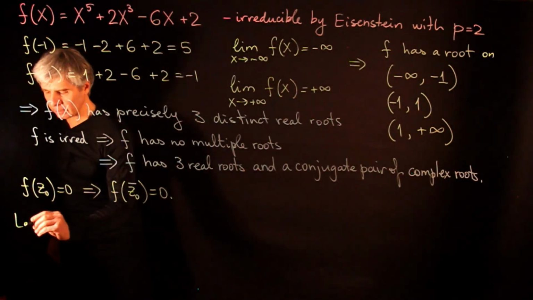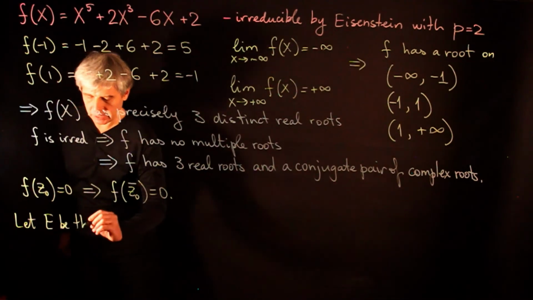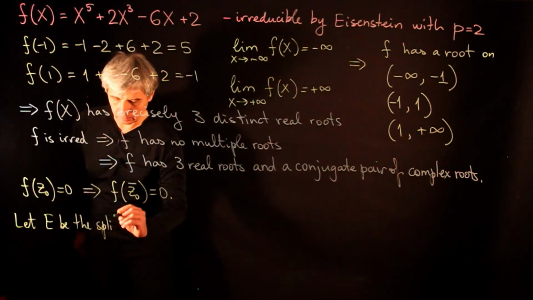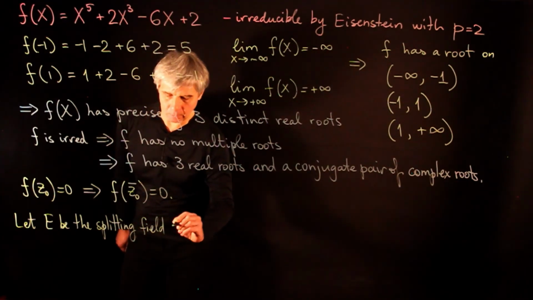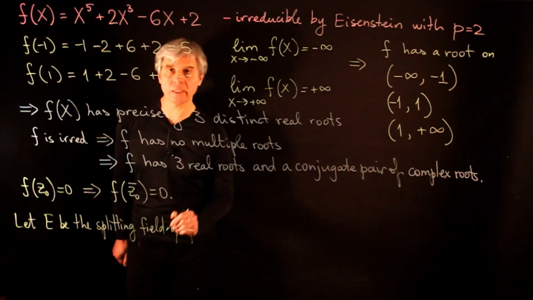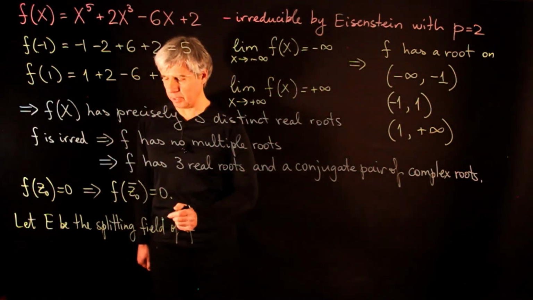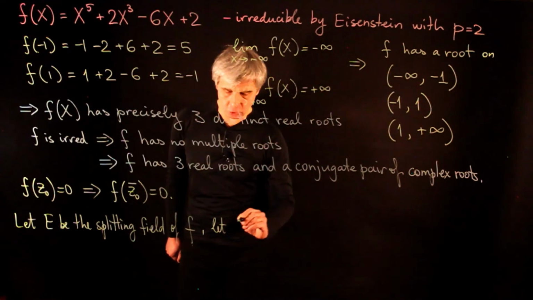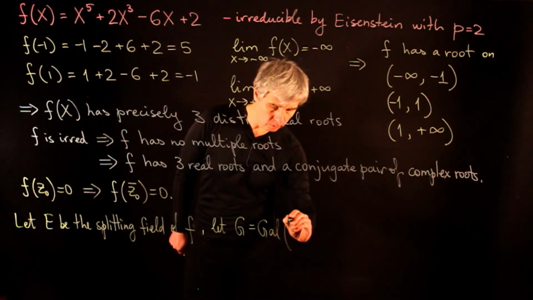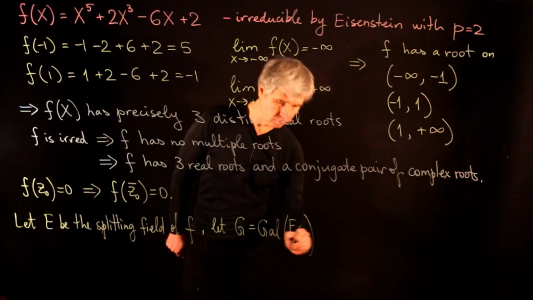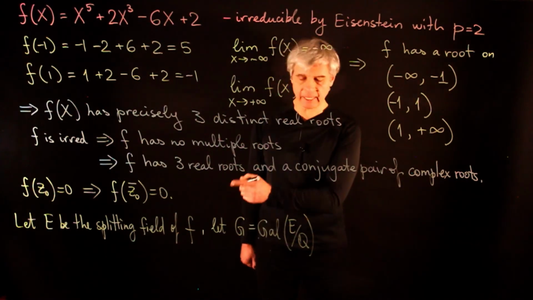Now let us consider the Galois group. So let E be the splitting field of this polynomial. That is, we join to rational numbers all 5 roots of this polynomial. And let G be the Galois group of E over Q. We know that this Galois group acts by permutations on the set of roots.